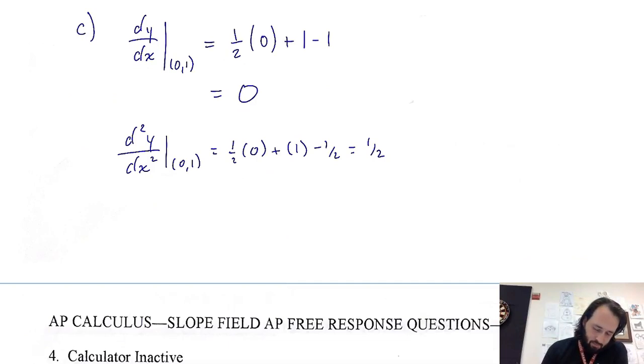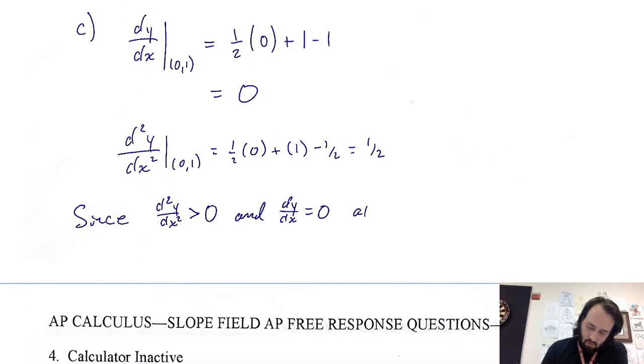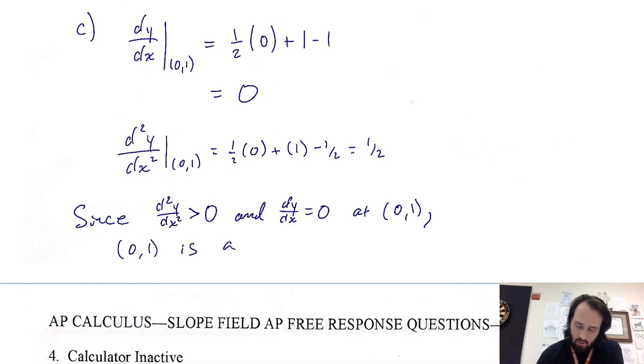So I could say, since d squared y over dx squared is greater than 0, and dy/dx is equal to 0 at the point (0, 1), so let's think about this again, right? I have a concave up part there. I have a point there where the first derivative is 0. So this is a relative minimum.